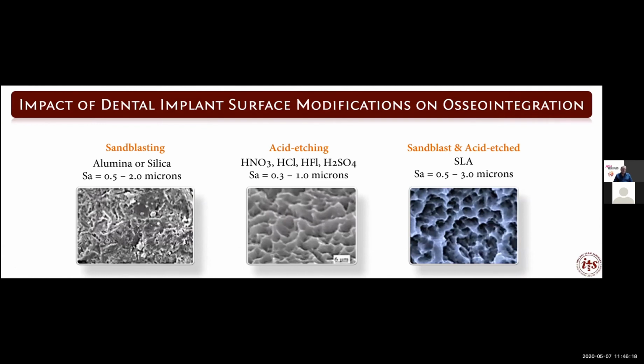For many years, dental implants have been successful with sandblasting, acid etching, and any other hydrophilic surface textures. It appears that the best implant surface is a combination of sandblasting and acid etch surface, what we now call the SLA surface, producing a surface roughness of about 0.5 to 3 microns.